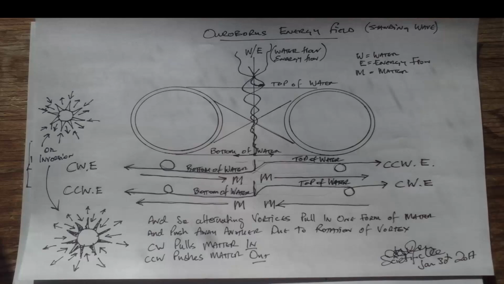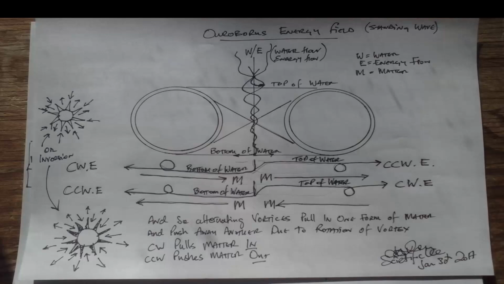Clockwise energy out on the bottom pulls matter in. Counterclockwise energy on the top pushes matter out of the top. Counterclockwise energy out on the bottom pushes matter out, and clockwise energy on the top of the water pulls matter in.